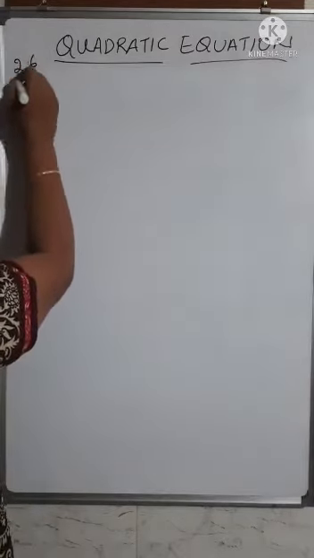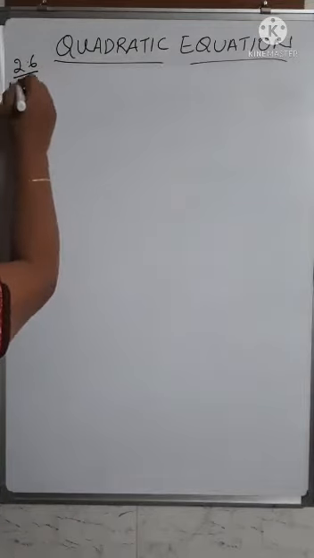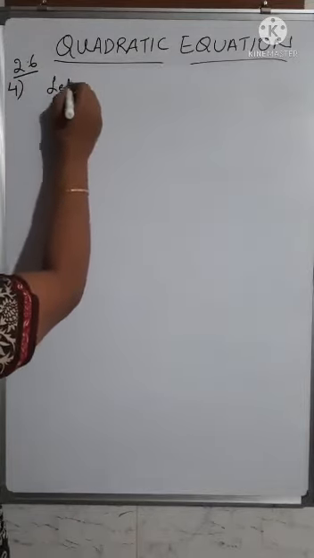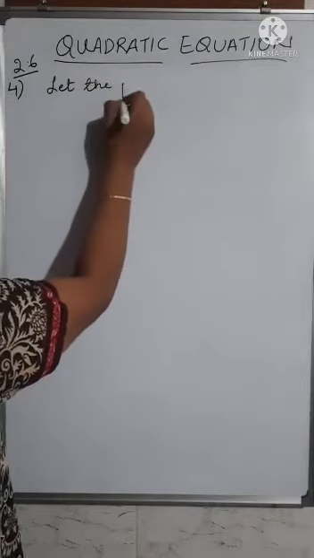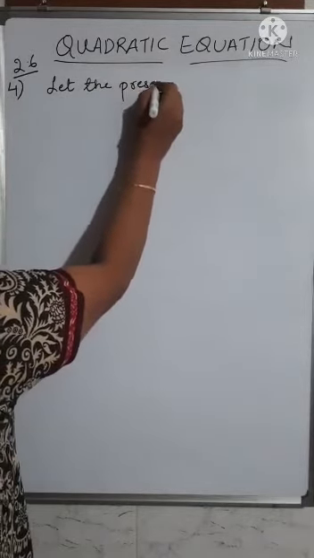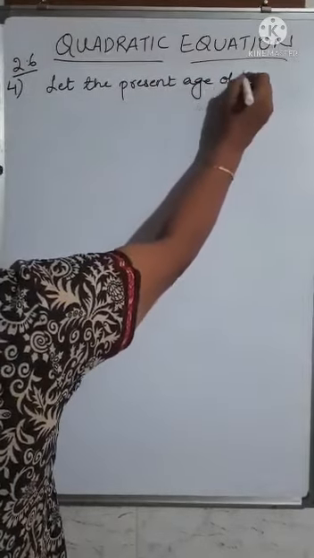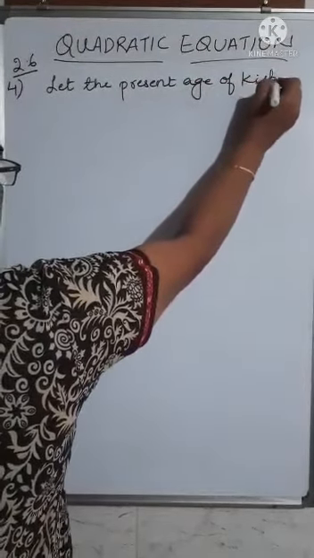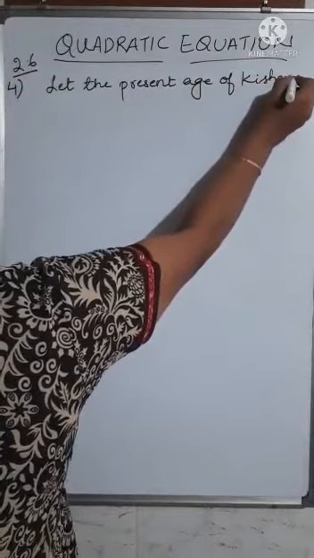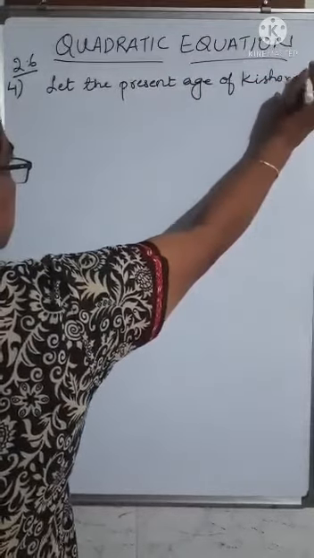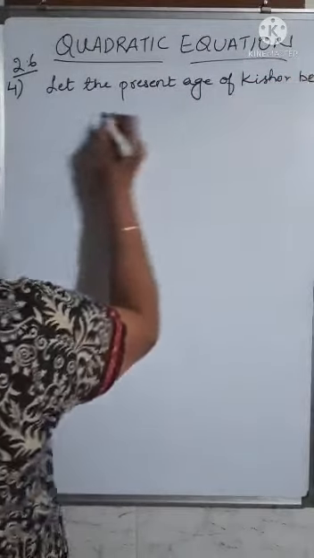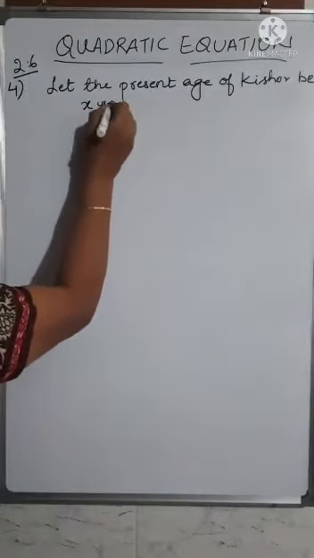Practice set 2.6, the fourth one. So let the present age of Kishore be x years.